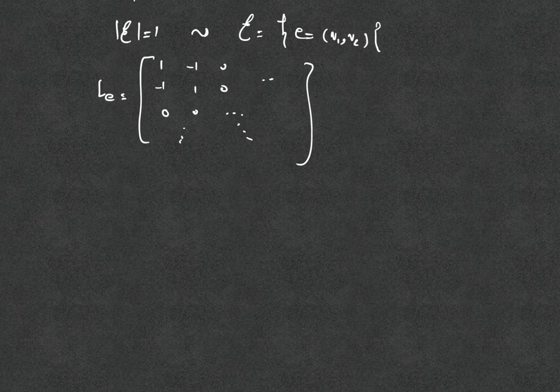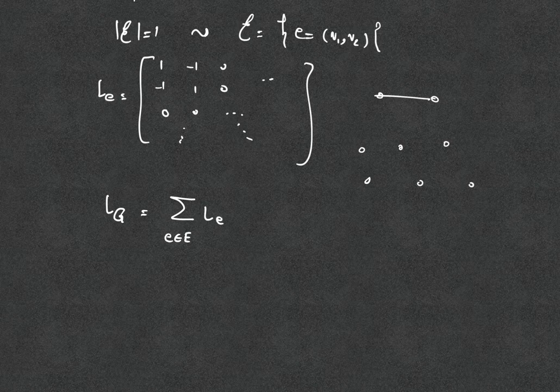Now, if you consider the entire graph as a union of one-edge graphs on the same set of vertices, you can use the first property that we mentioned, the additivity of Laplacians, and the Laplacian of the graph G would be the sum of the Laplacians for each one of the edges.